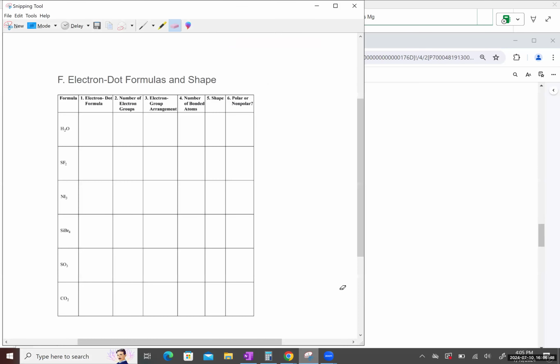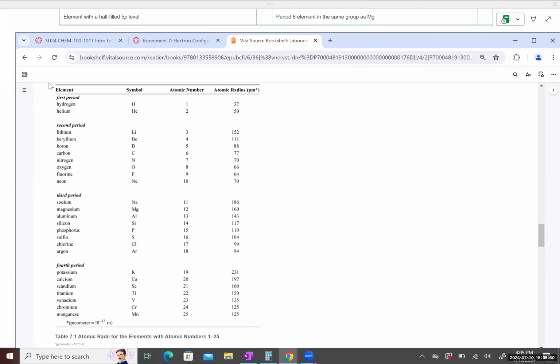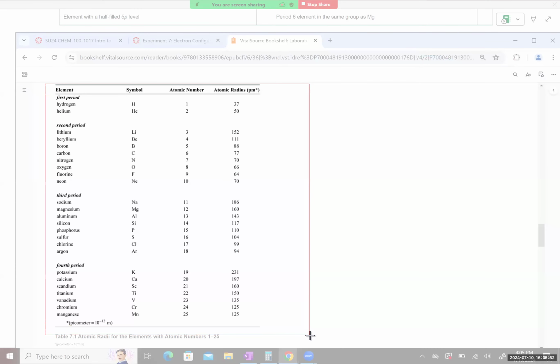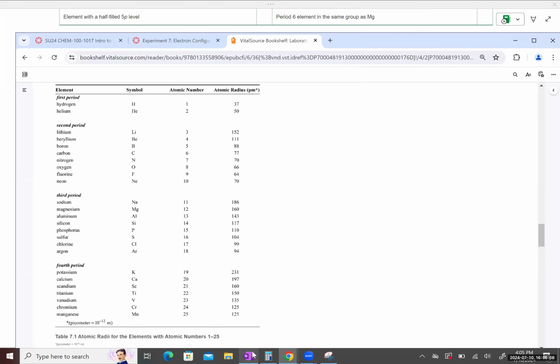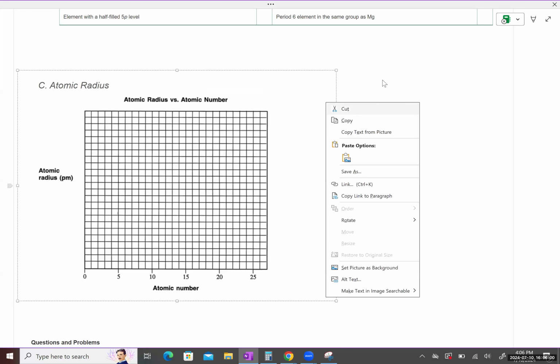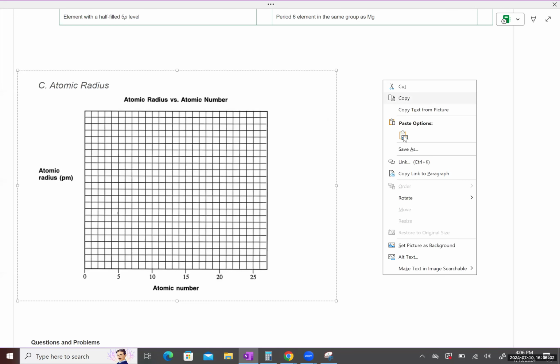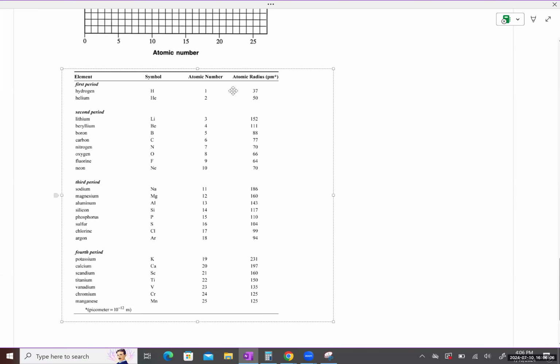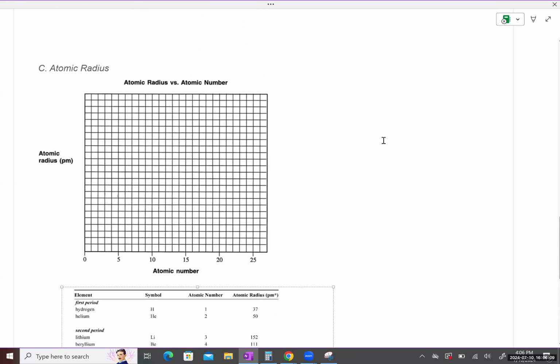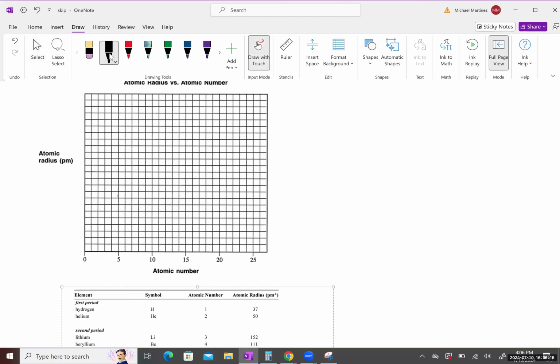Okay, so what I'm going to do now is put this data table right next to the graph. Wonderful. Now I'm going to start generating my graph axes.